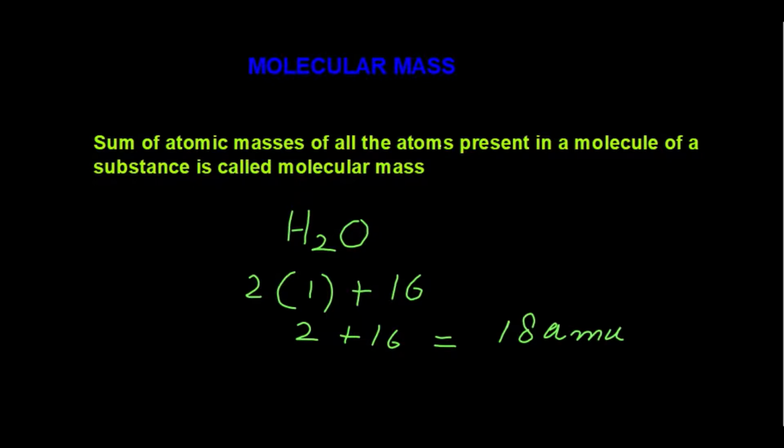Similarly, if you want to calculate the molecular mass of carbon dioxide, we know the molecular formula of carbon dioxide is CO2. Now we want to calculate the molecular mass of carbon dioxide. Then the atomic mass of carbon is 12 plus the atomic mass of oxygen is 16. How many atoms of oxygen are there?